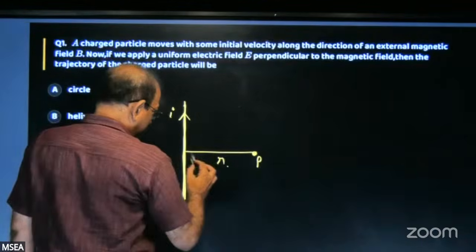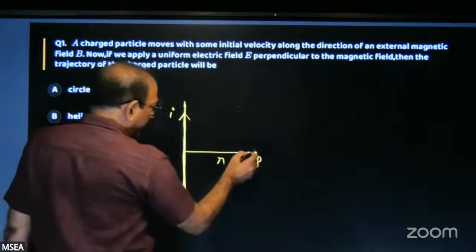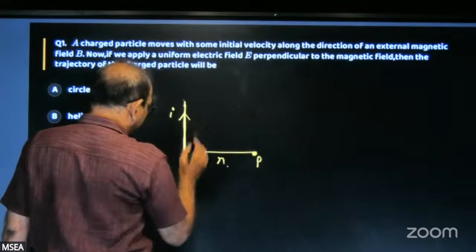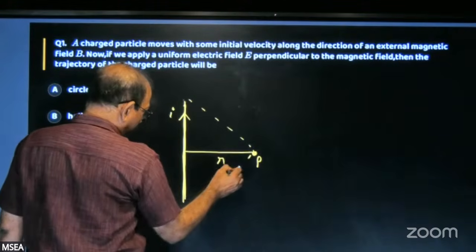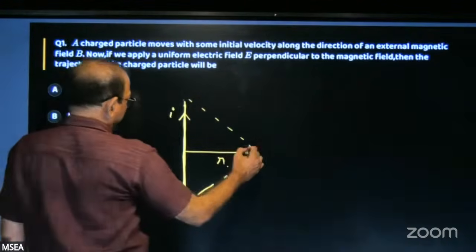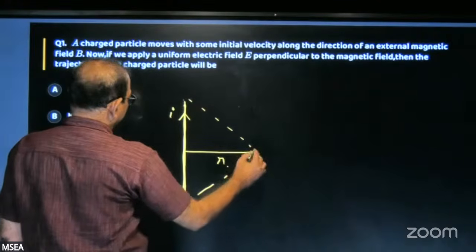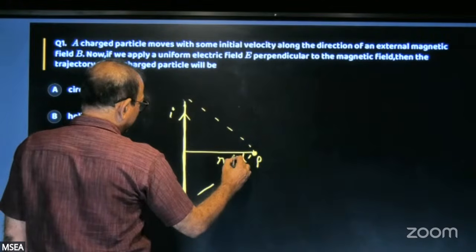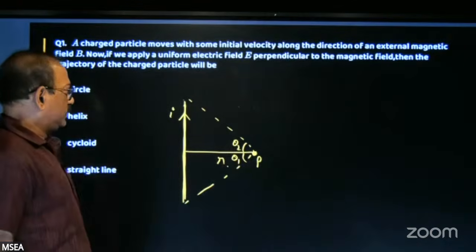Draw this perpendicular line, normal line from wire to point, and then join this point with the two edges of wire and find angle made by these two edges with this normal line. Say these angles are theta 1, theta 2.